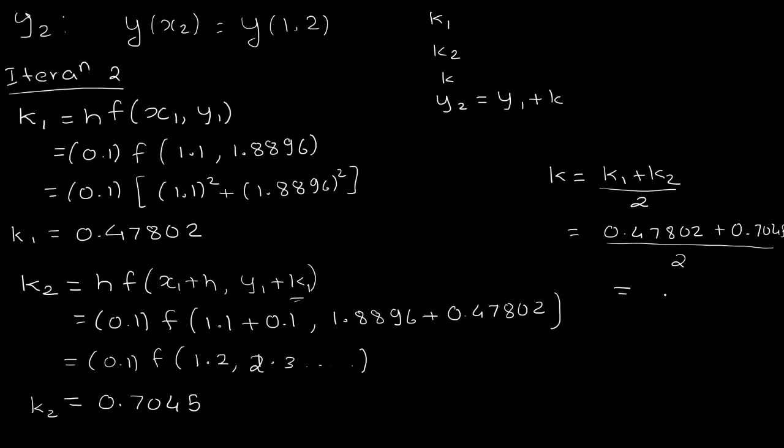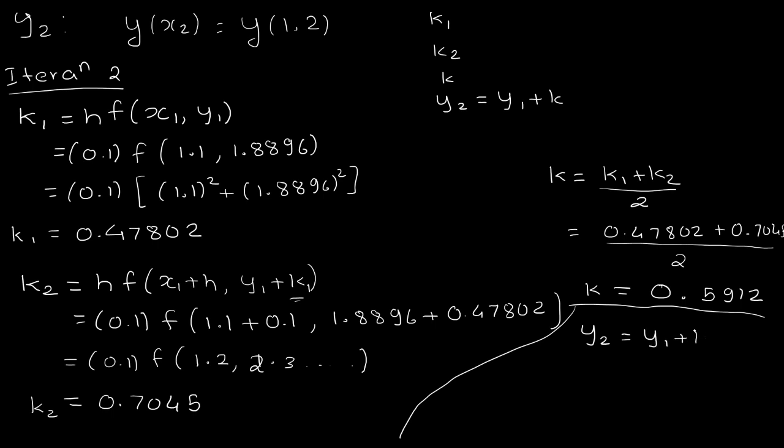Once you calculate this, you will get the k value to be equal to 0.5912. Now once the k value has been done, my next step is finding y2. Y2 is given by y1 plus k.